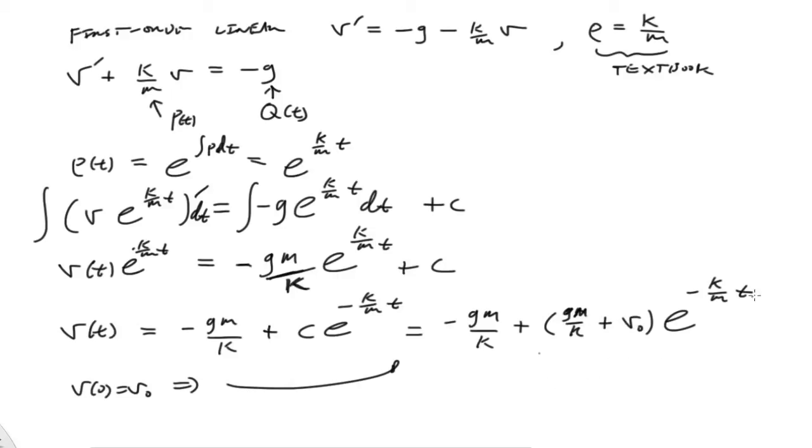Okay, so see if that works. If I put t equals 0 in there, this becomes 1, plus and minus that, and we're left with only v naught. Now, of course, as t goes to infinity, we see that v of t is heading towards negative gm over k. All right, so this is what we call the terminal velocity.